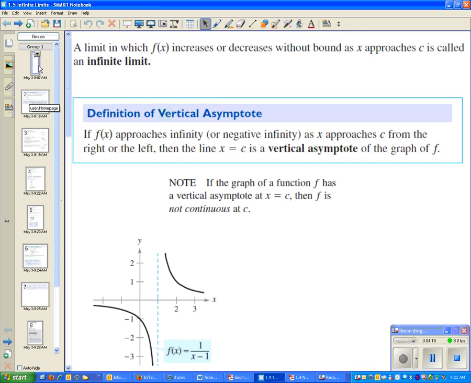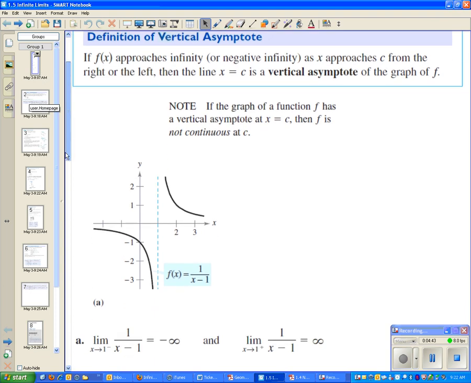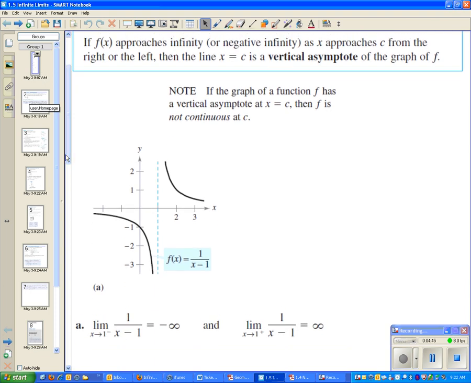And this leads us to our definition of vertical asymptote. If f of x approaches infinity or negative infinity, as x approaches c from the right or from the left, then the line x equals c is a vertical asymptote of the graph of f. Now, we talked about continuous functions. That function is discontinuous at the asymptote, isn't it?